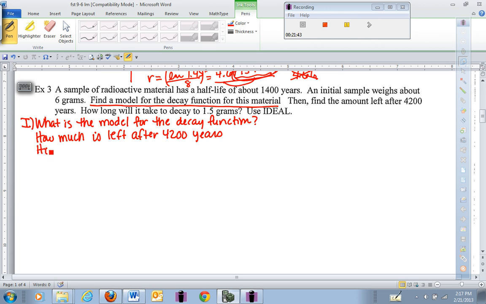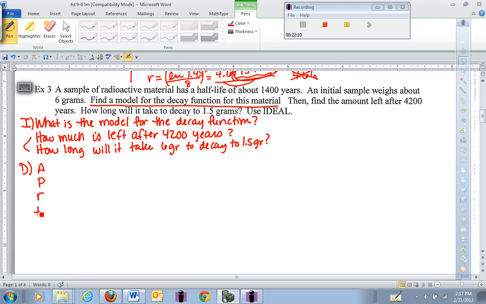And then we want to know how long will it take 6 grams to decay to 1.5 grams. Well, we can answer these last two questions after we get the model figured out, right? Okay, continuous change model again, right? A, P, R, and T.